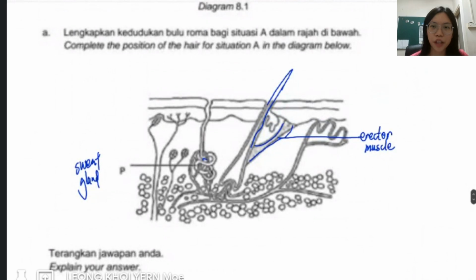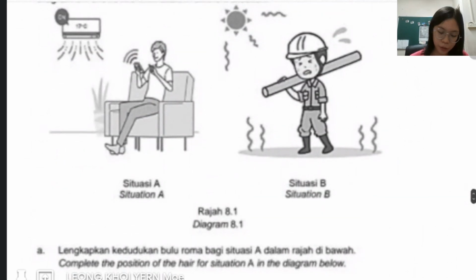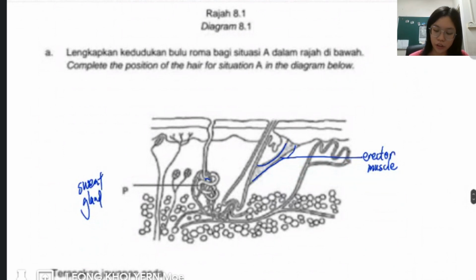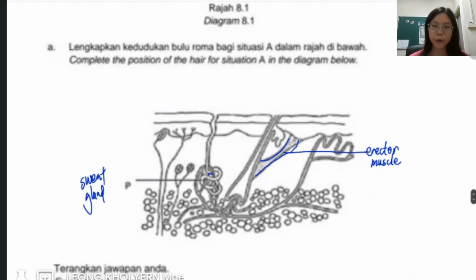Complete the position of the hair for situation A. So how can you complete it? What is situation A? It's a very cold situation. So either your hair will lie very flat, or your hair will stand erect. Imagine you are in a very cold area. Do you feel your hair starts to stand up, that goosebump effect?